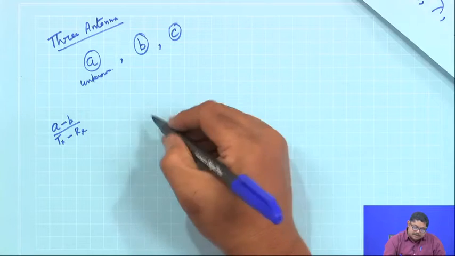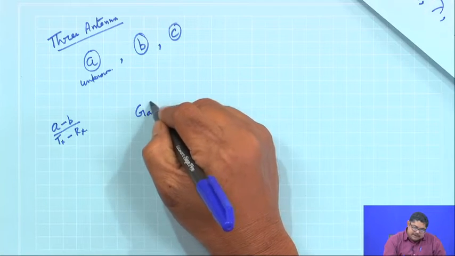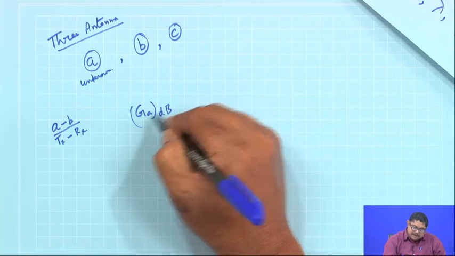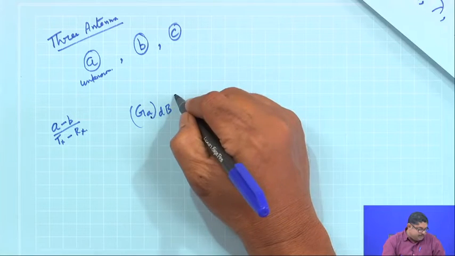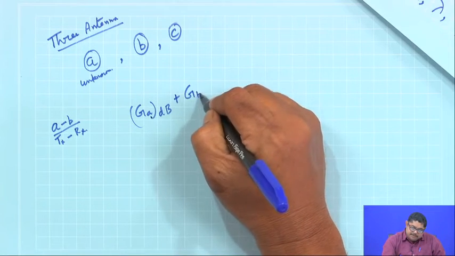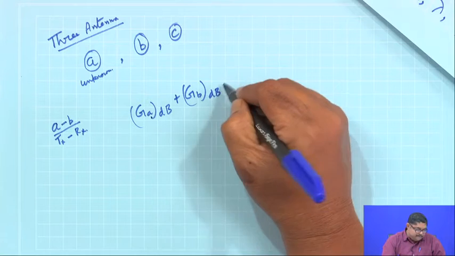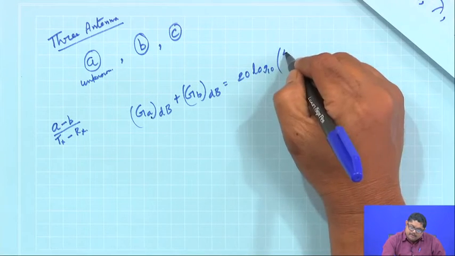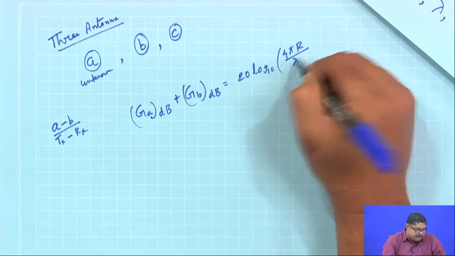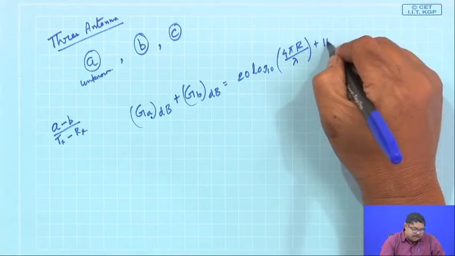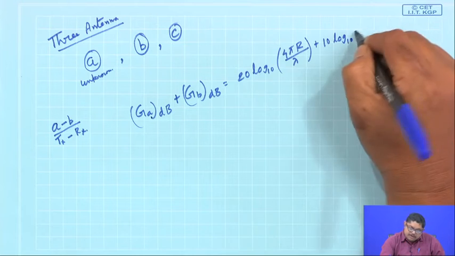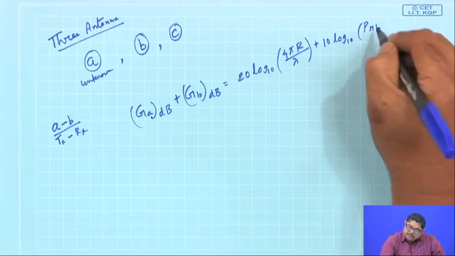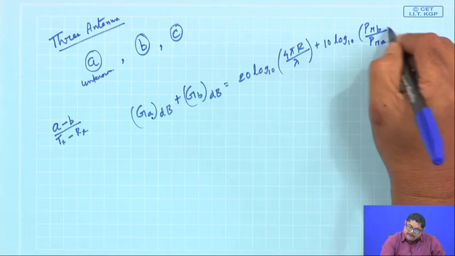So, the equation I can write is GA dB, the gain of antenna A, plus GB dB is equal to 20 log 10 (4 pi r by lambda) plus 10 log 10 (PRB by PRA).